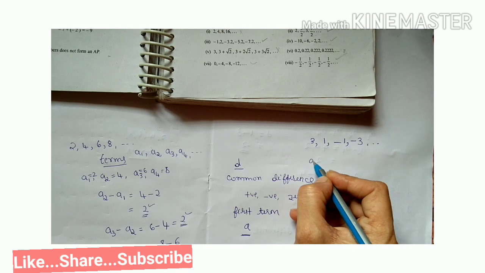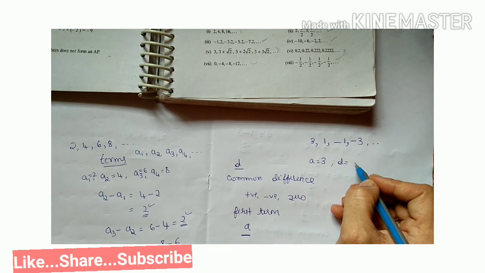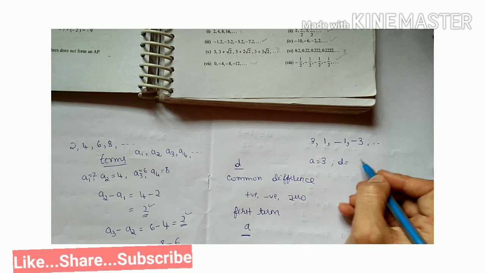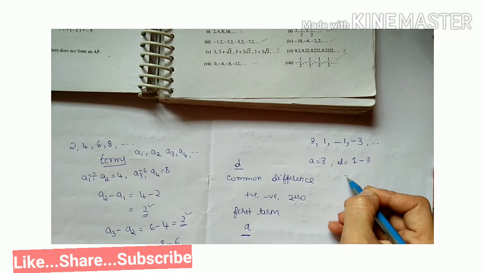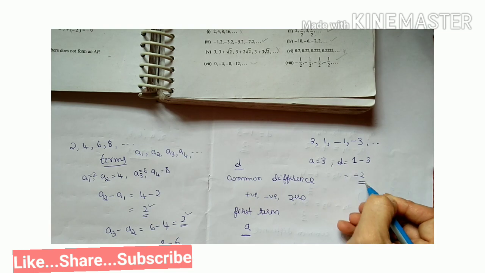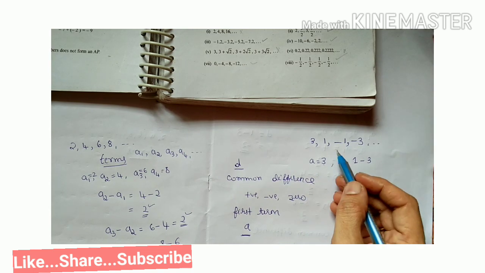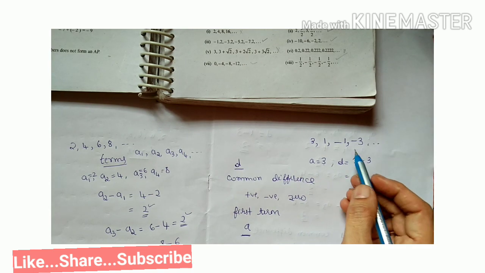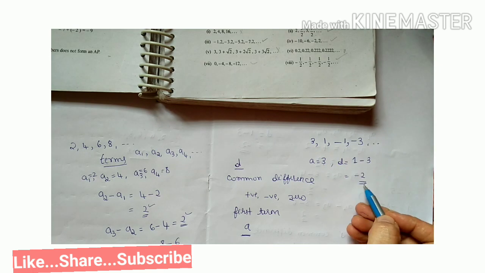Here first term is 3. Common difference is the difference between any two consecutive numbers. A2 minus A1, here 1 minus 3 is minus 2. Therefore D is minus 2, A is 3. You can take any two consecutive numbers: A2 minus A1, A3 minus A2, A4 minus A3.